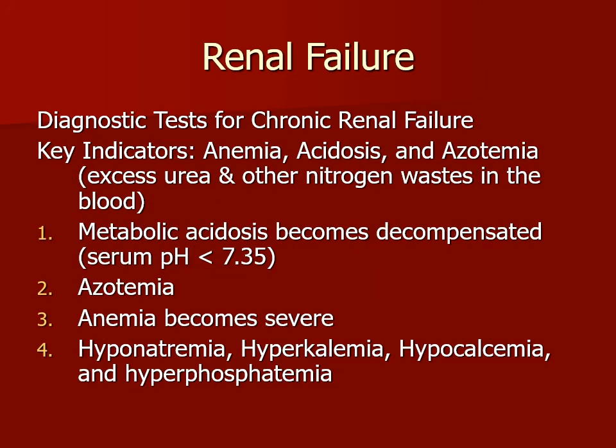Diagnostic tests for chronic renal failure. The key indicators: anemia, acidosis, and azotemia, which is a condition of elevated urea and other nitrogenous waste in the blood.